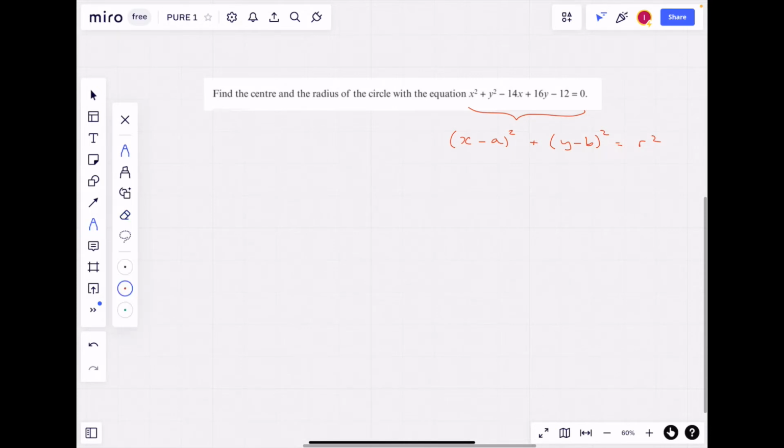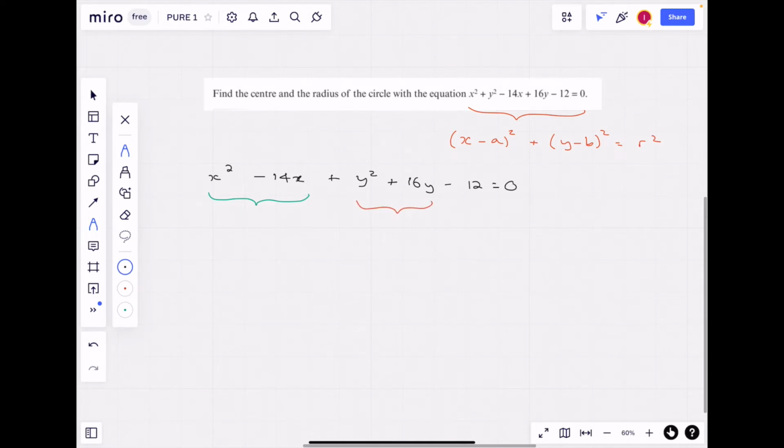So the first step is to write all the x's together and all the y's together. Okay, next step is to complete the square with this and this separately.